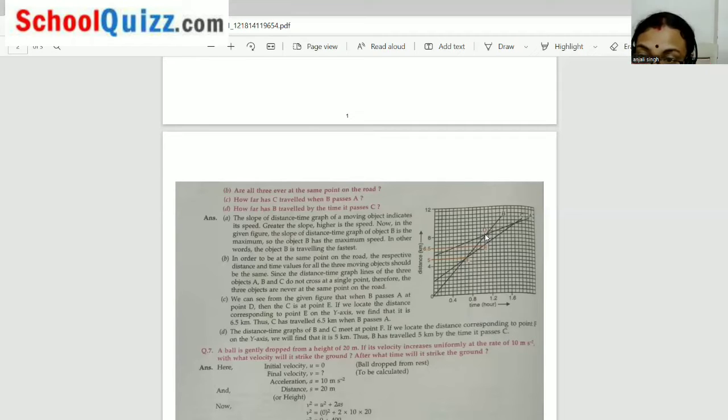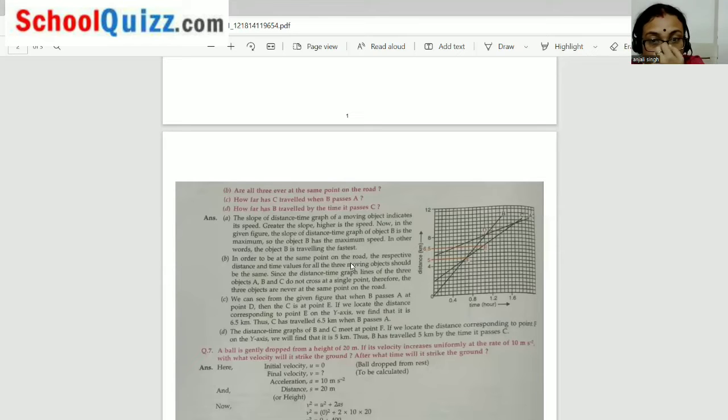At point D, where A and B intersect, C is at point E only. And at point E, C travels up to 6.5 kilometers. Clear? At point E, C travels 6.5 kilometers.